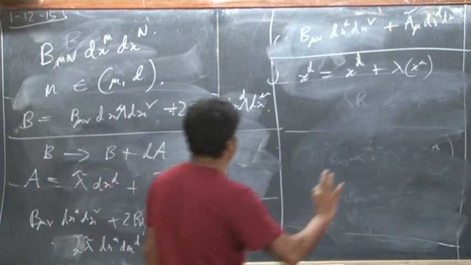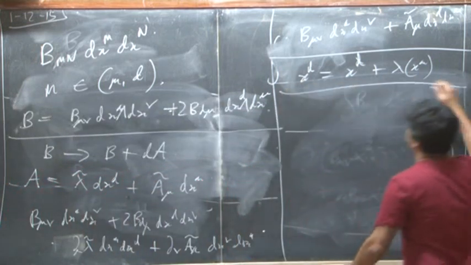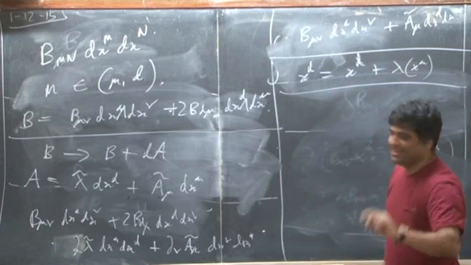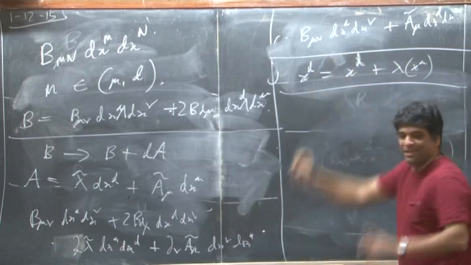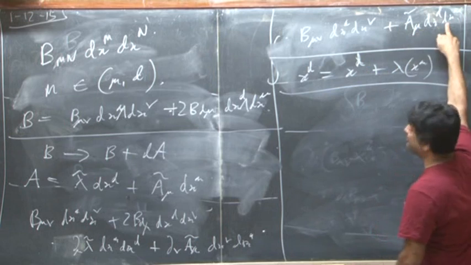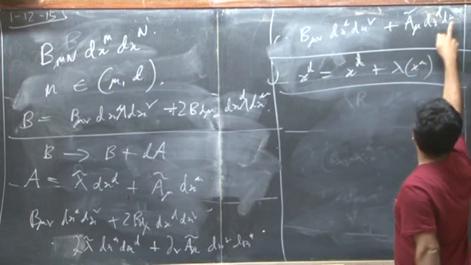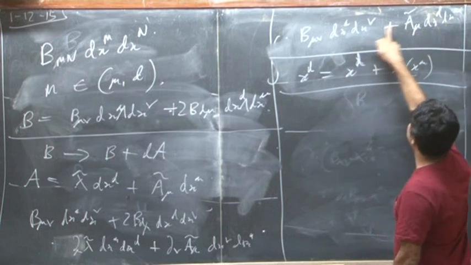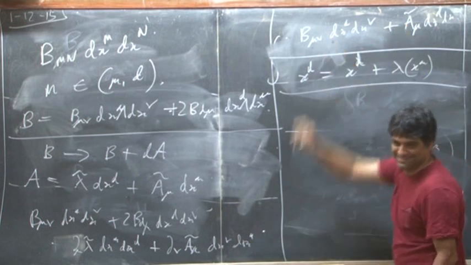Sorry, I even said it wrong. Let's figure it out. In fact, you'll see, because dx^d will go to dx^d plus a dx^mu term, this is gauge invariant, but this is not.